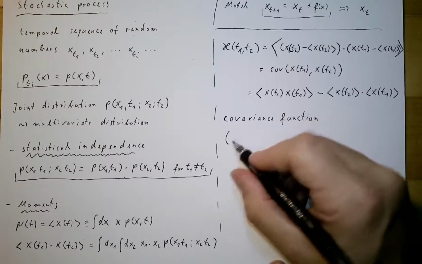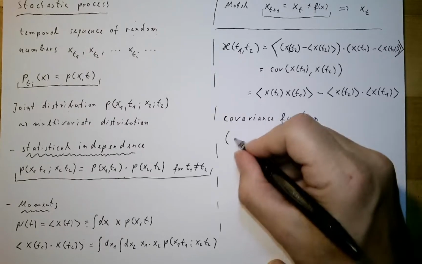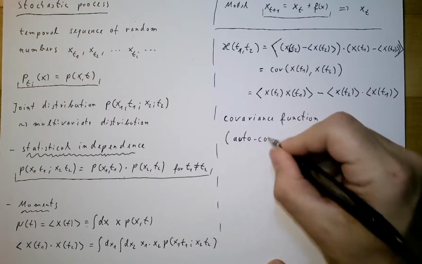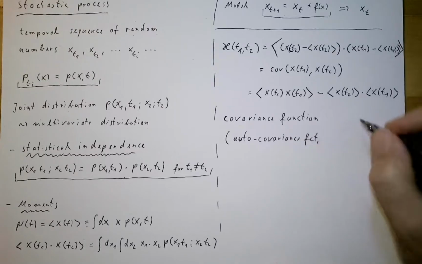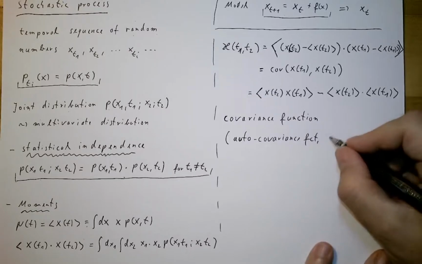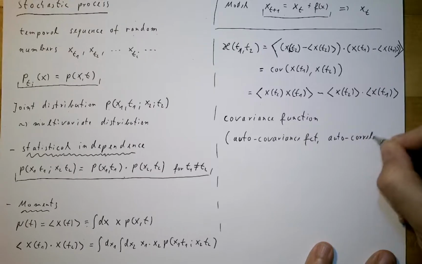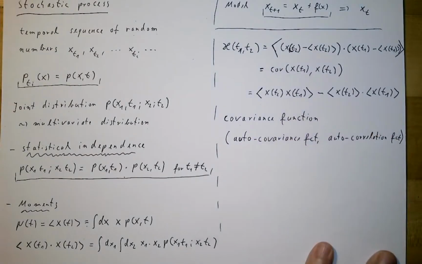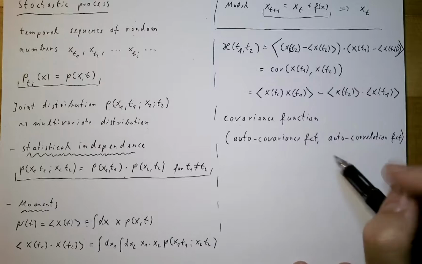Sometimes people also call it the auto-covariance function, because it's the covariance of a variable with itself, only at different time instances. Sometimes we also speak about the auto-correlation function, even though we know for the correlation we should normalize by the standard deviations, but often standard deviations are 1, for example, or we don't care so much.